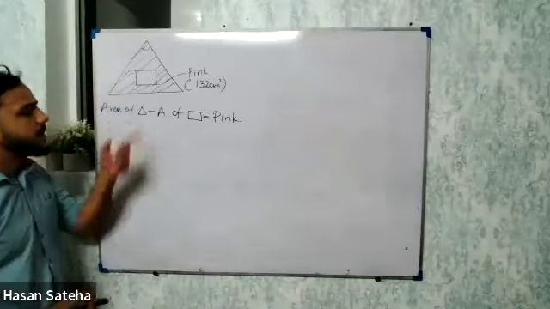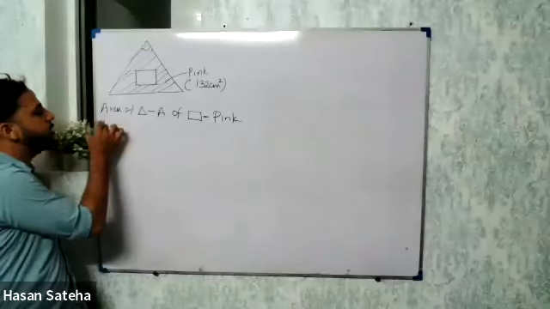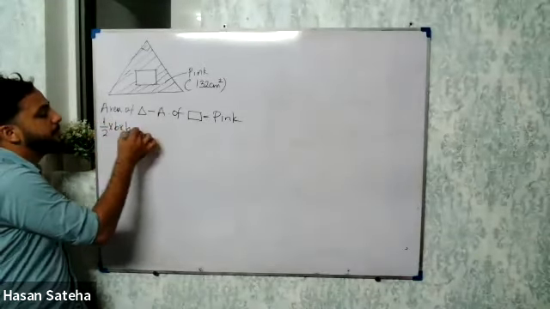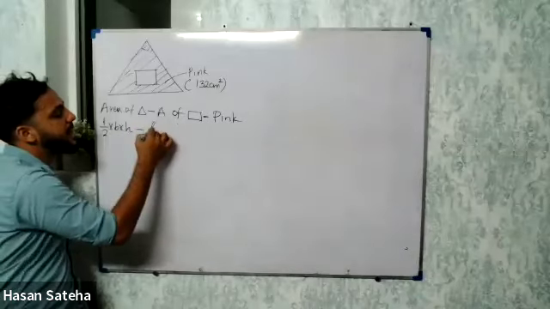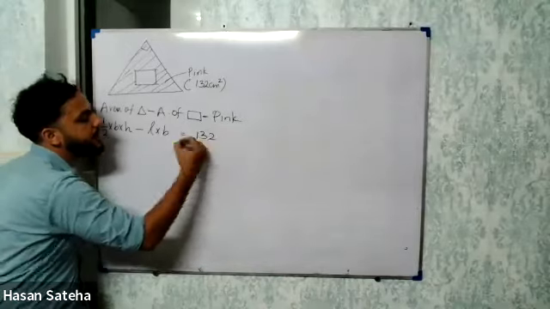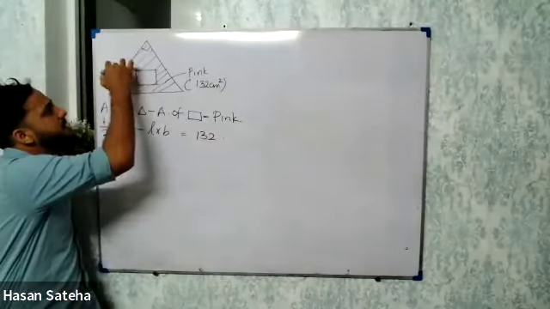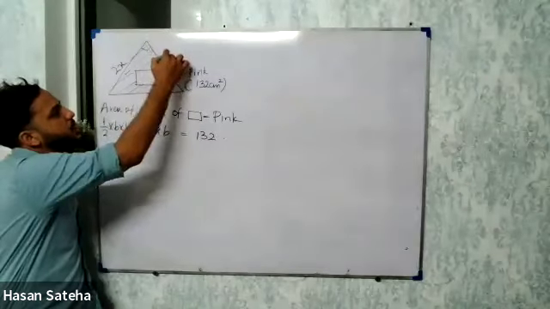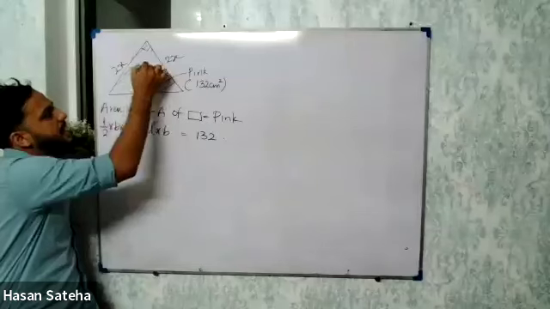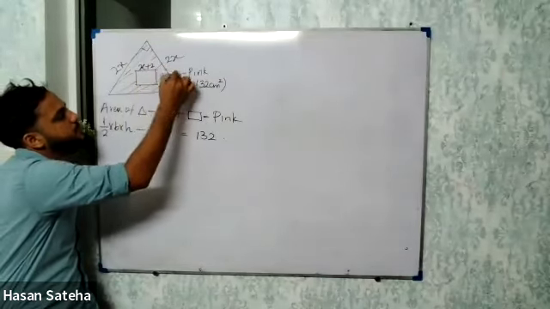Then now we can apply the equation for the areas, right? Area of a triangle, you know, half into base into height, minus area of the rectangle, that is length into breadth, that is equal to the area of the pink, that is 132. Now they have given you the base and the perpendicular height, both are 2x here, and the length of the rectangle x plus 2 and the breadth of the rectangle x minus 4.